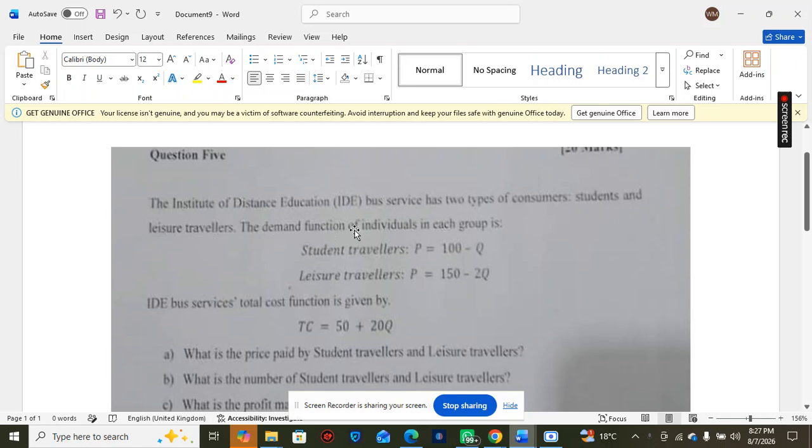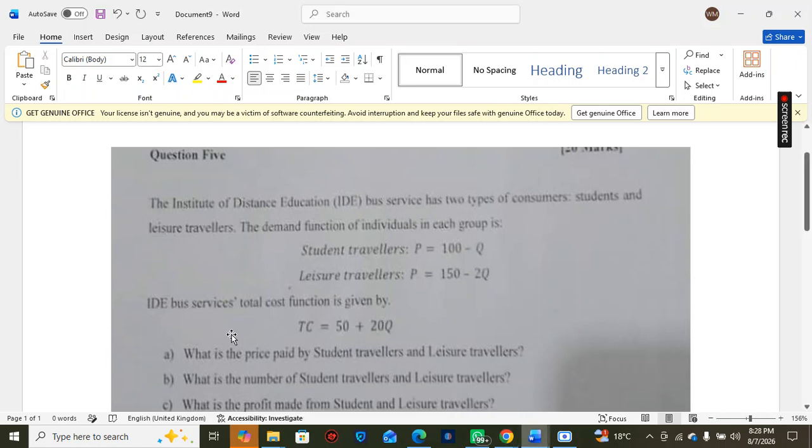The demand function in each group is, for student travelers, P equals 100 minus Q, and for leisure travelers, P equals 150 minus 2Q. IDE bus service's total cost function is given by TC equals 50 plus 20Q. So the question asks us, what is the price paid by student travelers and leisure travelers?